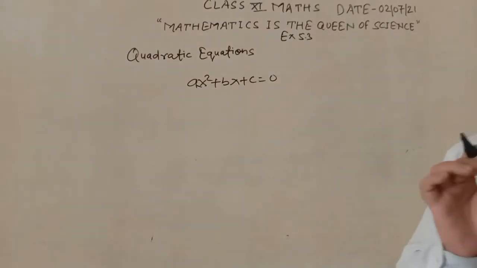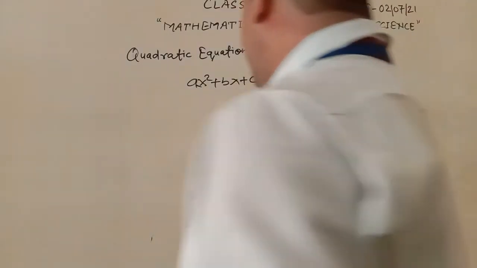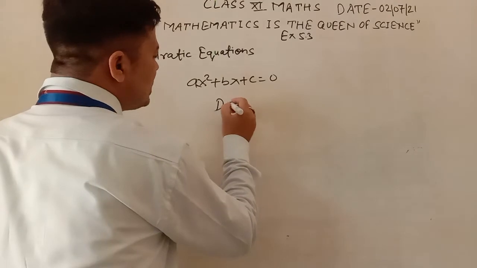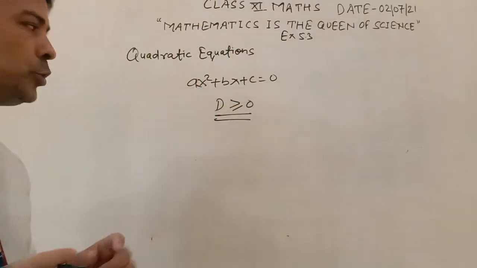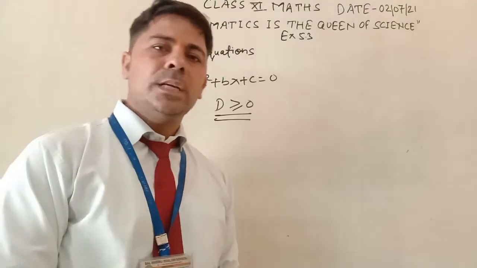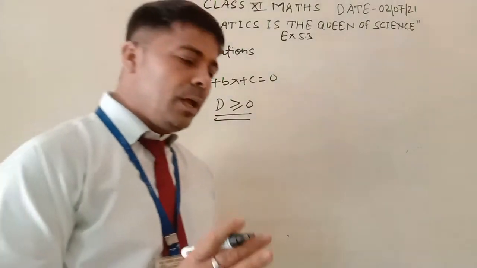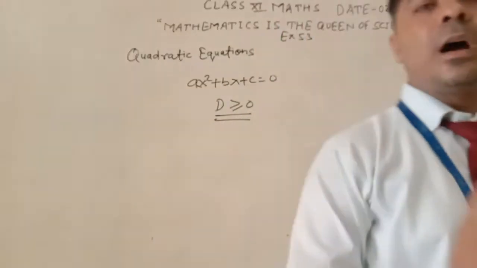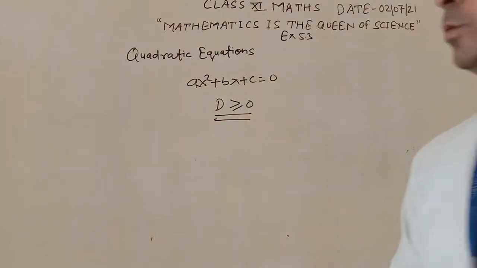If d is greater than or equal to 0, then the solution of this quadratic equation is possible, meaning the solution comes in real values.